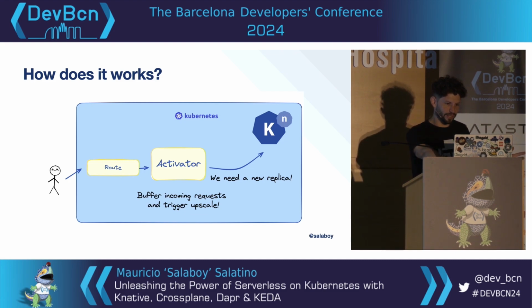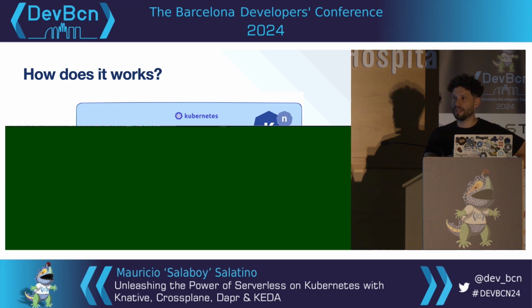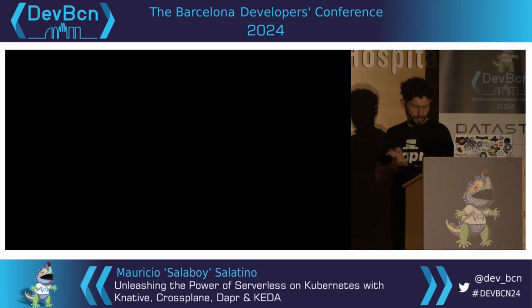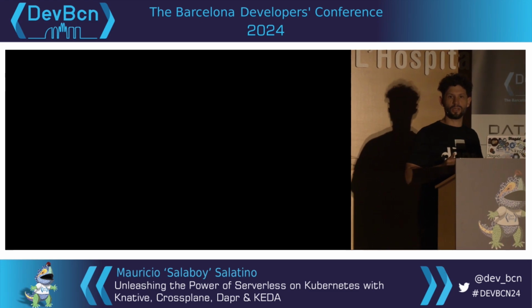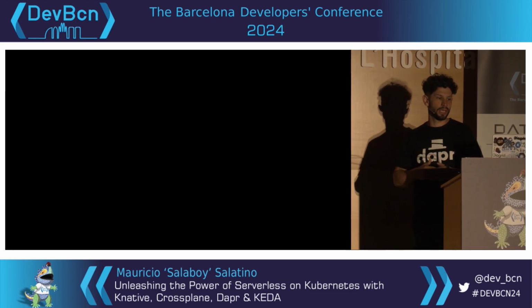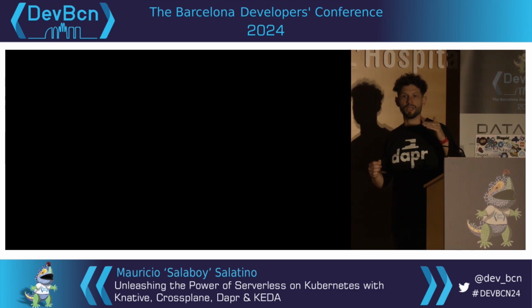We can wait, right? So Knative, again, is associated with upscaling and downscaling applications. I will unplug this and see if it works. Yep, so it's bootstrapping again. How does Knative work? It basically works by injecting a sidecar into your application and monitoring incoming HTTP requests.